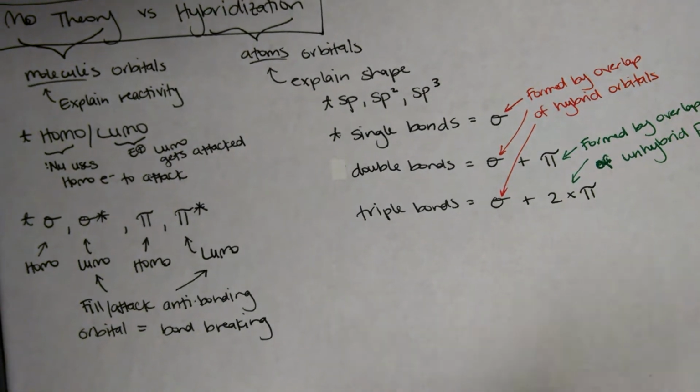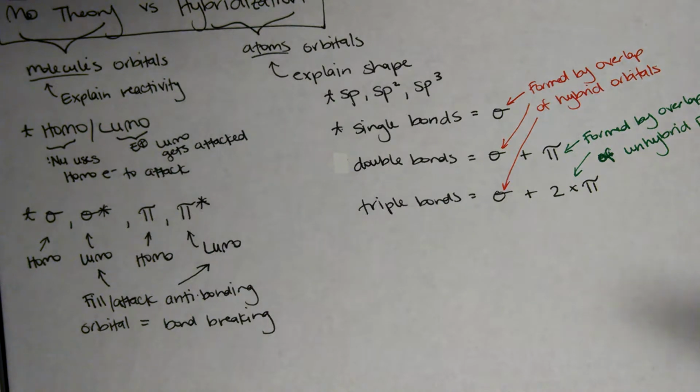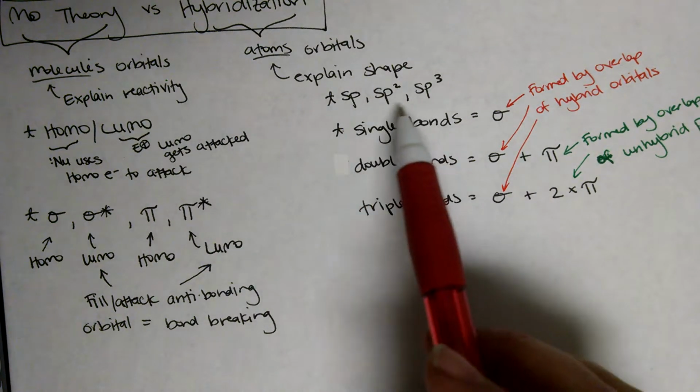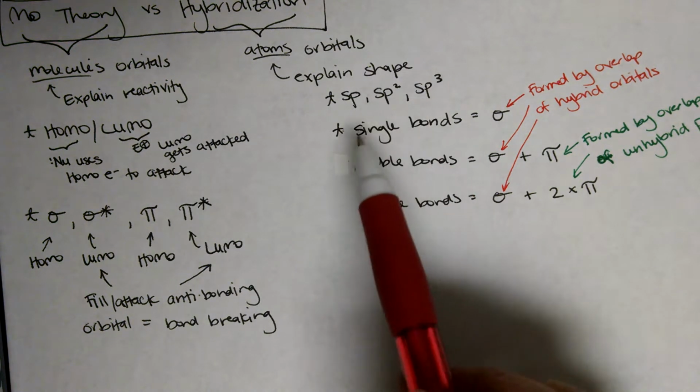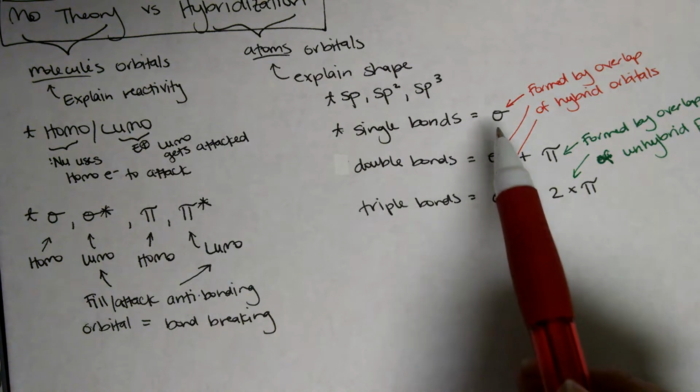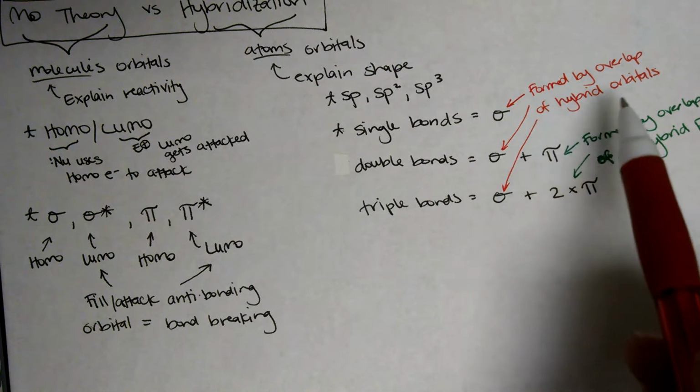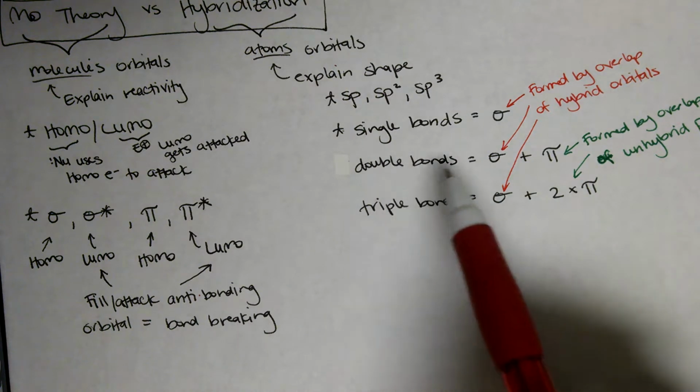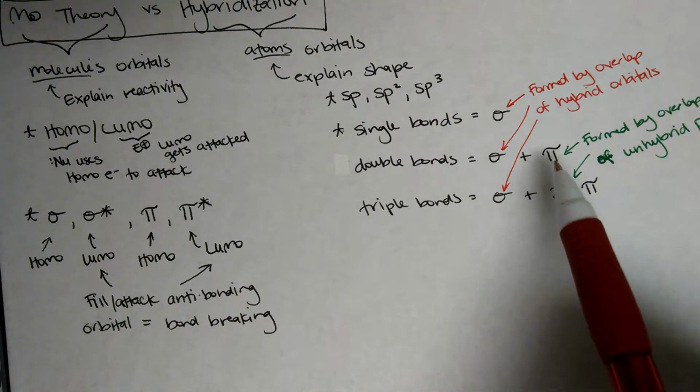In terms of hybridization, it's a different argument in terms of bonding, because here we're talking about the overlap of hybridized and unhybridized orbitals. Remember that single bonds are always sigma bonds, which are formed by the overlap of hybridized orbitals, and that double bonds consist of a sigma and a pi.